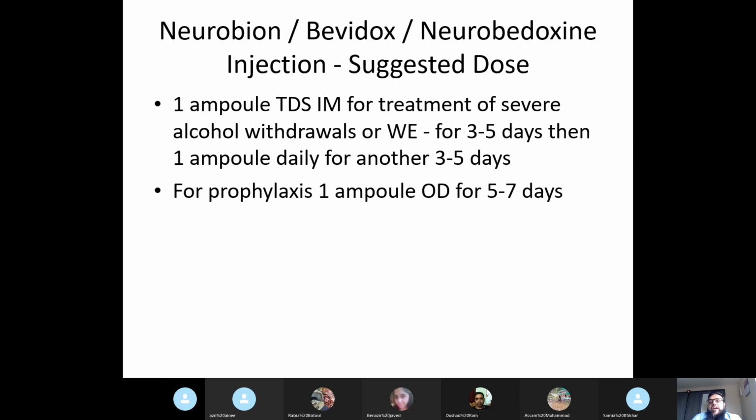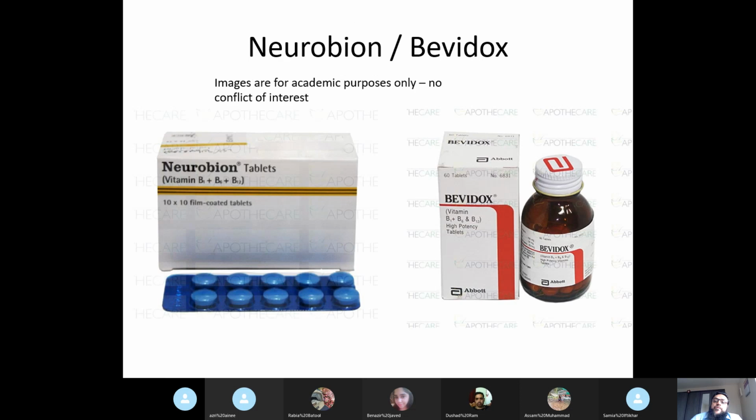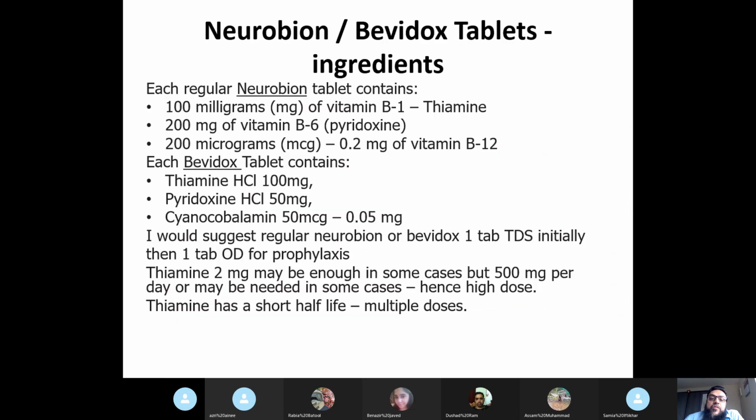Because we don't have Pabrinex. If we have Pabrinex in Pakistan or India, use that. But if we don't have it, then maybe you can use Neurobion. For prophylaxis, maybe 1 ampule OD for 5 to 7 days. Now there are Neurobion tablets or Bavidox tablets, both available in Pakistan, and they are B1, B6, B12.